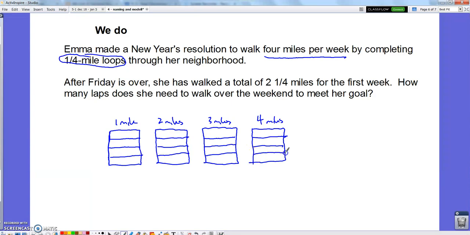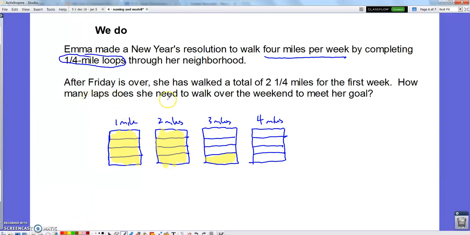So now that's what she's done. So it says when Friday rolls around, she has already walked a total of 2 1/4 miles. So when we get to Friday, she's walked 1 mile, she's walked 2 miles, and 1/4 mile. So this is what she's done during the week. So notice my question.